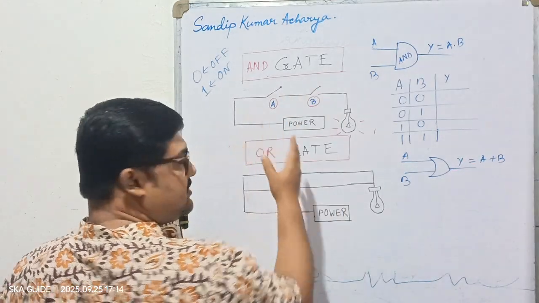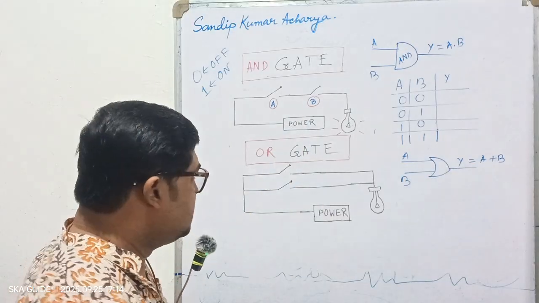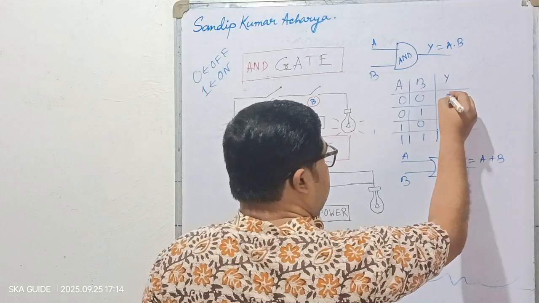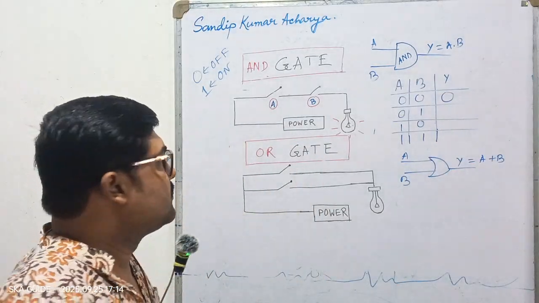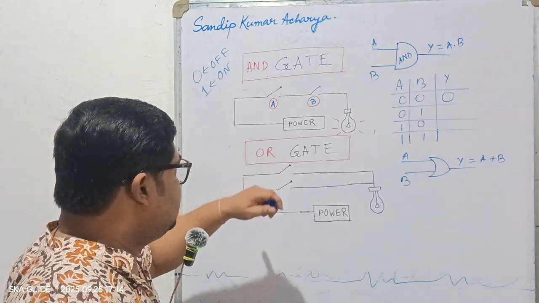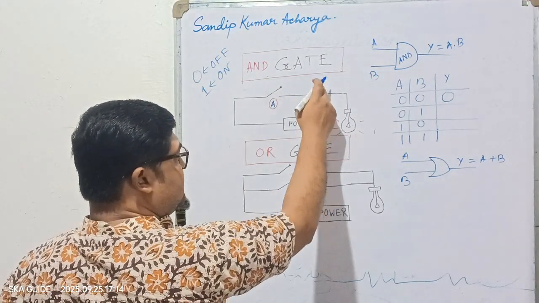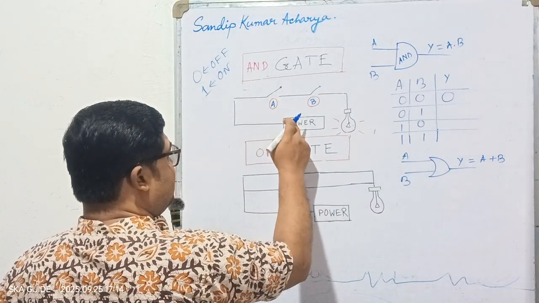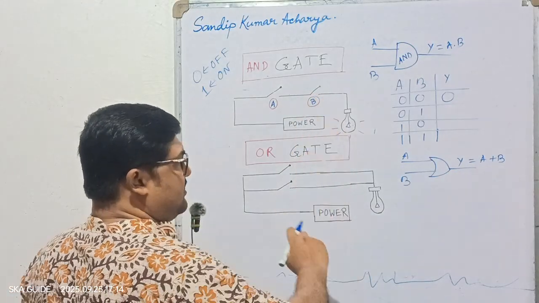So 0 0 means A and B are in off state, so these are not connected. Simply you can see the power cannot reach the bulb here, so the bulb will not glow. If it is not glowing, we are considering it is in off state, so it is represented by a 0. Similarly, for 0 and 1, 0 means this one is disconnected but this one is connected. So the power cannot move forward to B even if B is connected.